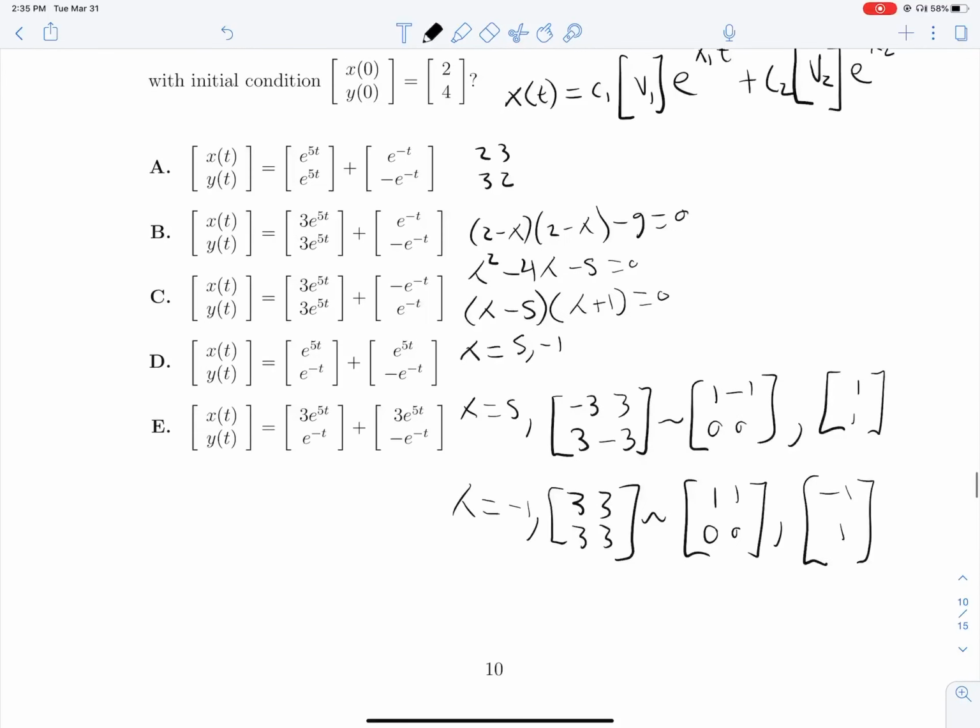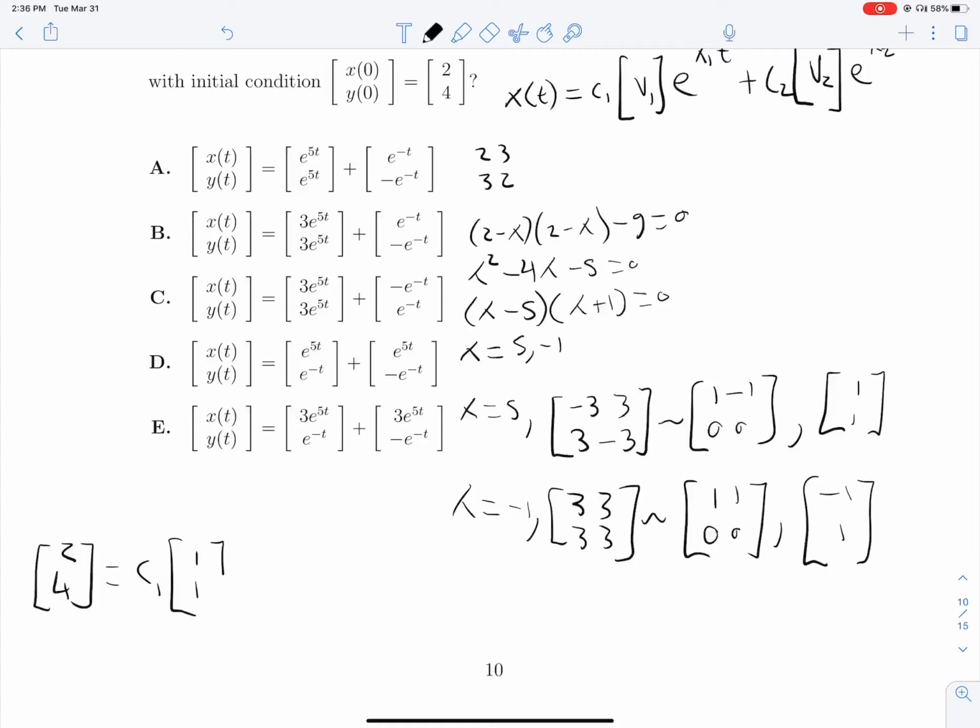So if our initial condition is 2, 4, then 2, 4 is going to be equal to C1 multiplied by our first eigenvector, which is 1, 1, times e to the lambda 1, which is 5, times 0, plus C2 times negative 1, 1, e to the negative t, where t in this case is also 0.